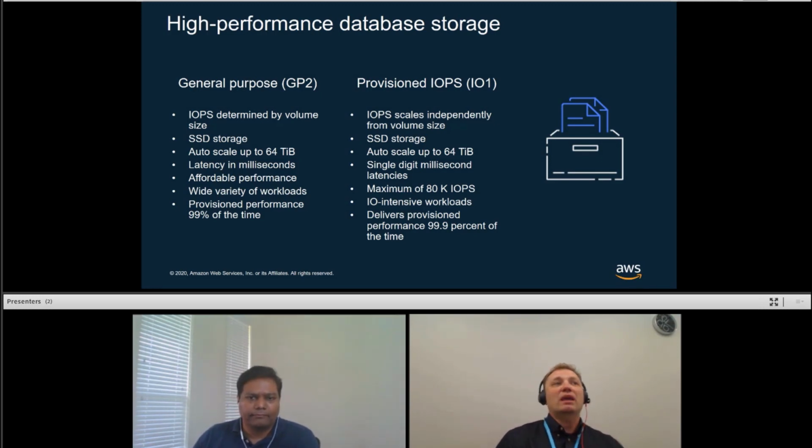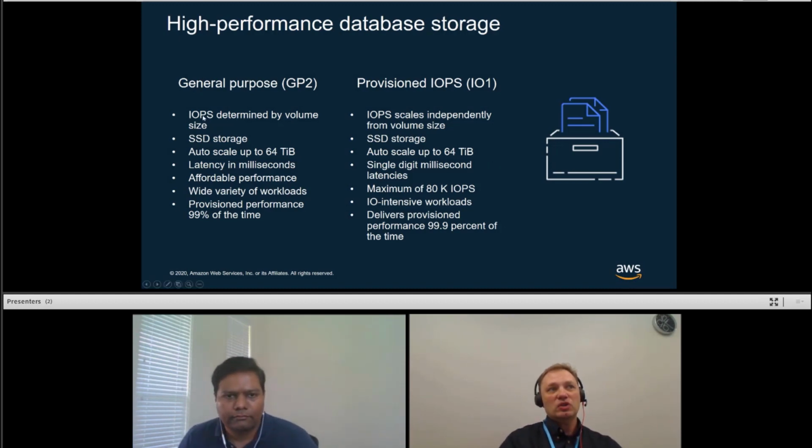Well, it's important to understand that even though they're backed by the same hardware, you're not dealing with the hardware, you're dealing with the service. So you need to think about these building blocks in terms of service. Those are two different storage types that have different characteristics. For example, with general purpose, it's impossible to scale your IOPS independently from the volume size. With provisioned IOPS, it is possible to scale it independently.